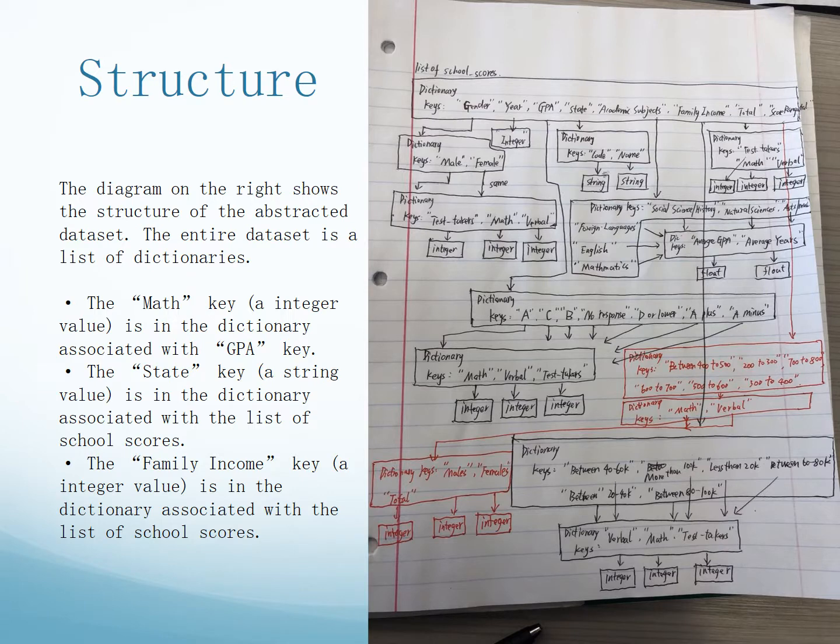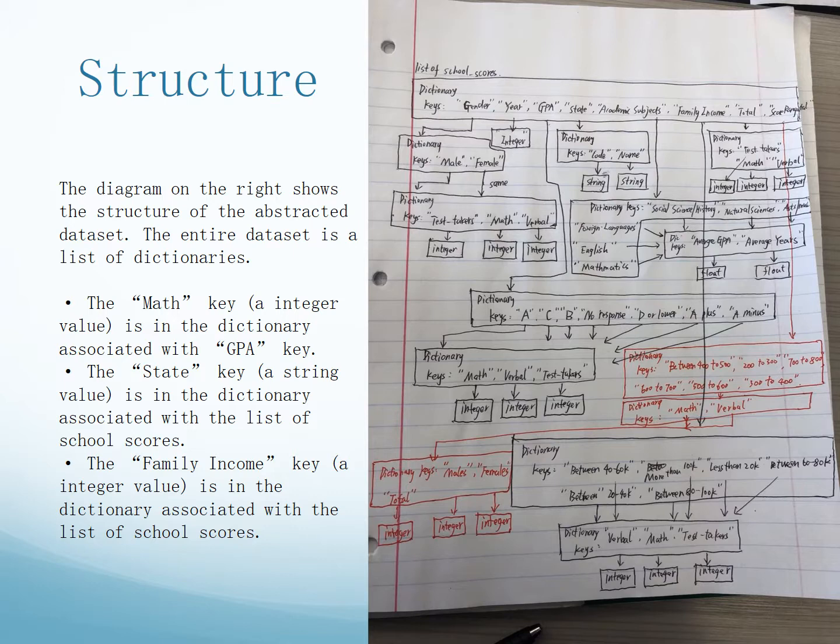For the structure, the diagram on the right shows the structure of the abstracted dataset. The entire dataset is a list of dictionaries. As you can see, the list of school scores dictionary keys include gender, year, GPA, state, academic subjects, family income, total, and score range.